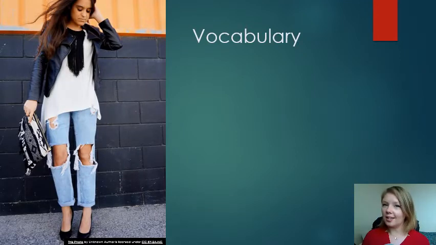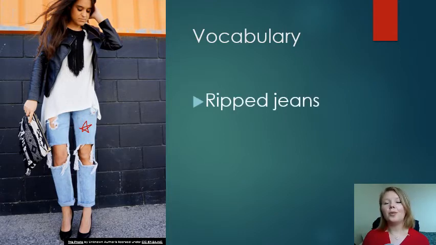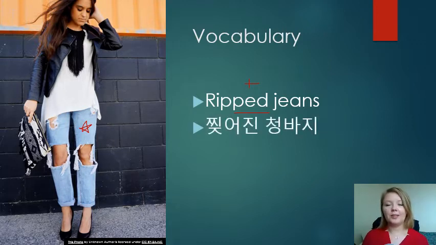So now let's talk about some fashion vocabulary, as this will be very helpful in your final. So do you remember what we would call those? We would call those ripped jeans. Remember that this sounds like a T. Ripped. Ripped jeans, which we see the definition for here.